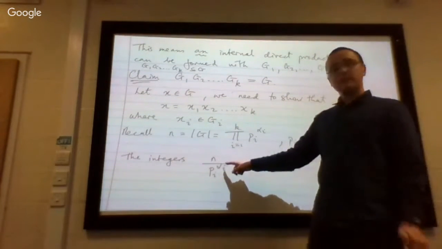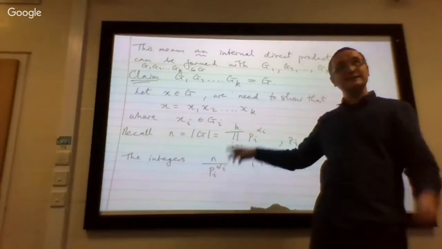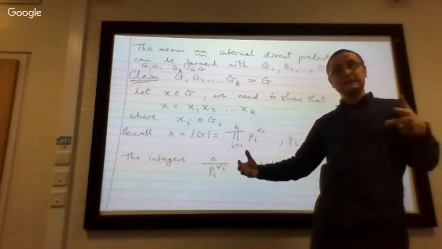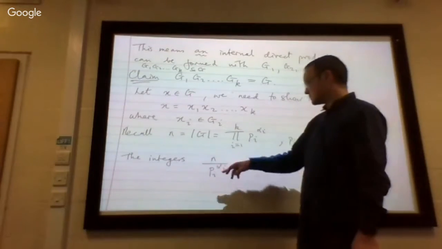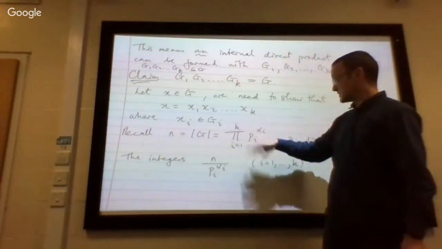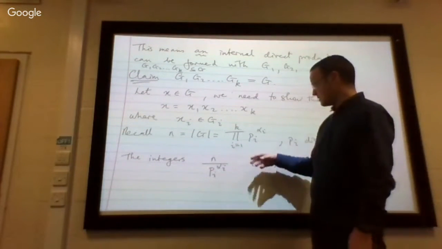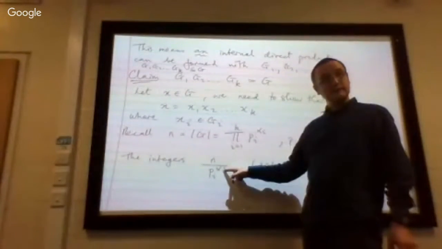These k integers form a coprime set. The first one is the product of all the prime powers except the one involving p1. The second one is the product of all the prime powers except the prime power involving p2, because out of n, we cancel out pi to the alpha i.